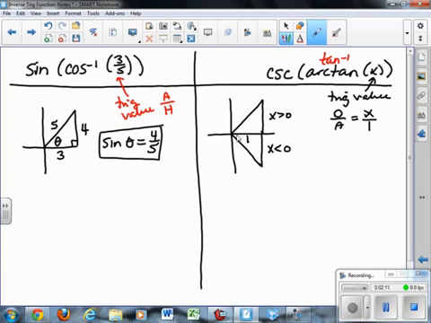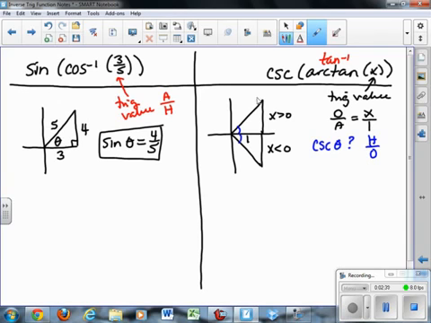Now what I want to find, for either one of these angles, is the cosecant value. So what is cosecant of theta? Well, for cosecant, which is the reciprocal of sine, I need to know hypotenuse over opposite. I know the opposite side is called x, but I don't know the hypotenuse.